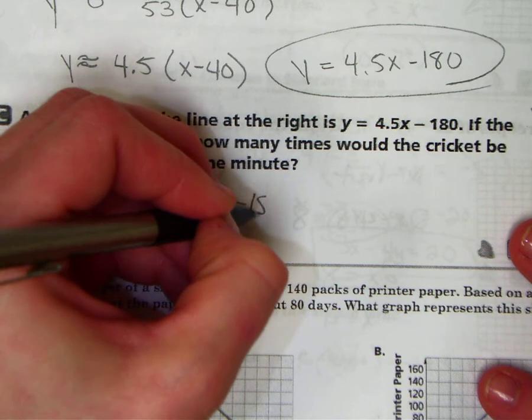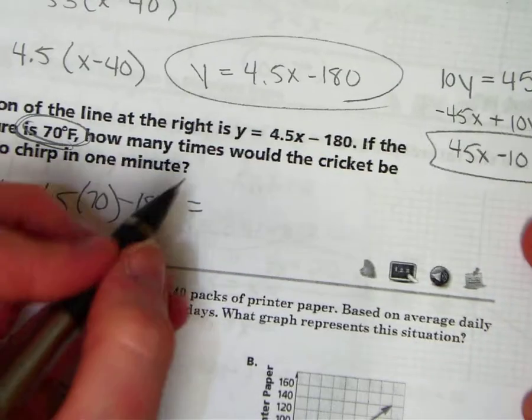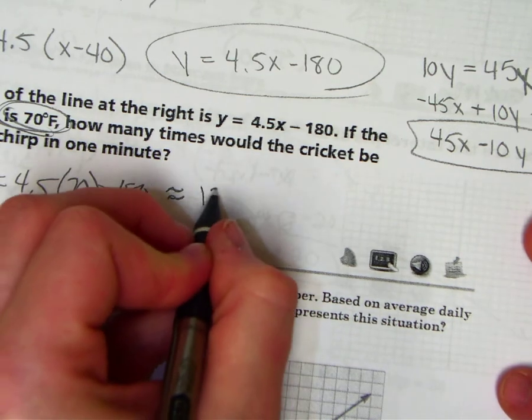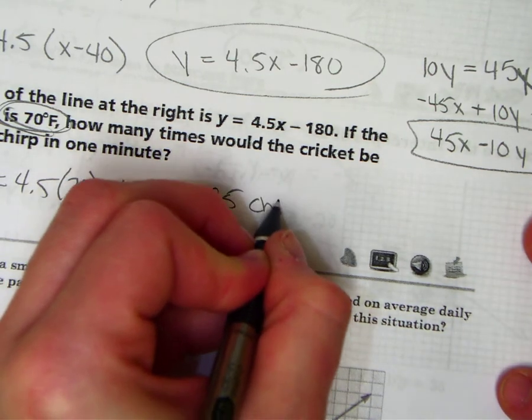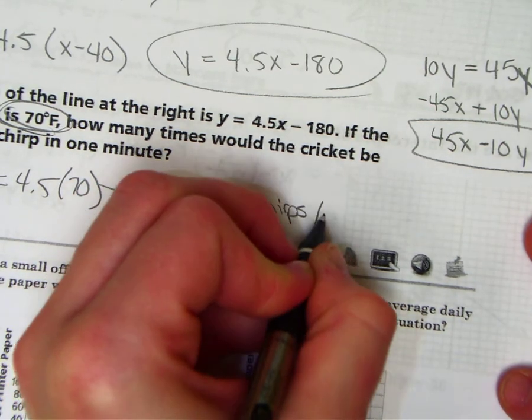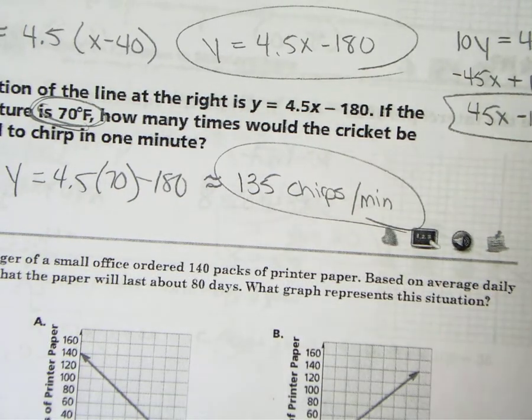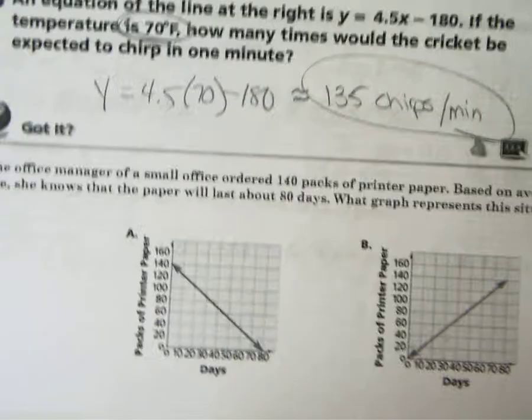Put it in your calculator. And remember, all of this is approximate because we had to estimate it. 135 chirps in 1 minute. And it kind of goes hand in hand. The warmer it is, the more chirps.